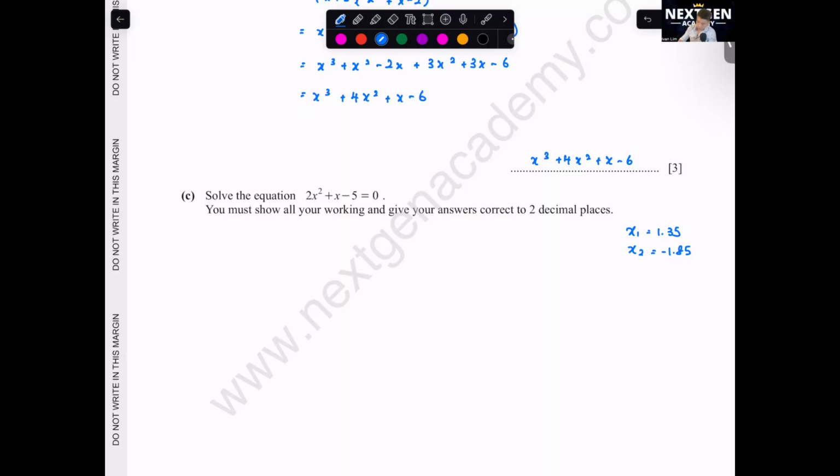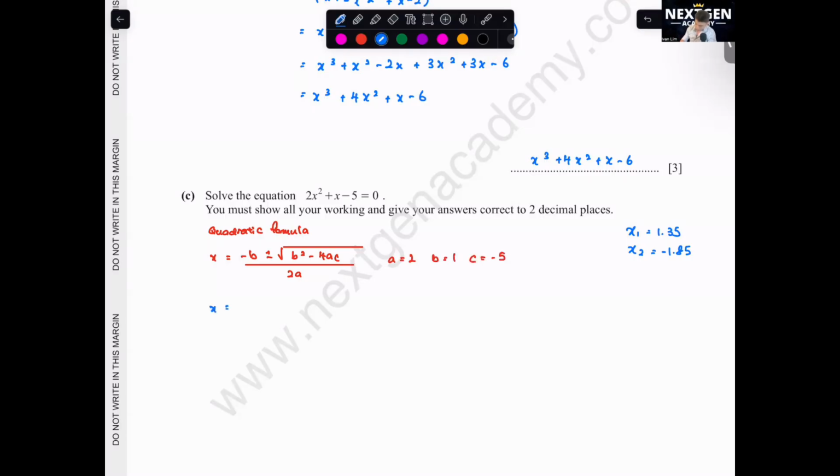So for this, we're going to put into the quadratic formula. You have to memorize your quadratic formula, which is negative b plus minus square root b squared minus 4ac over 2a. What is a, b, and c? a is 2, b is 1, c is negative 5.